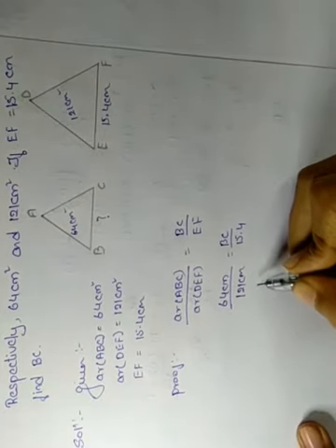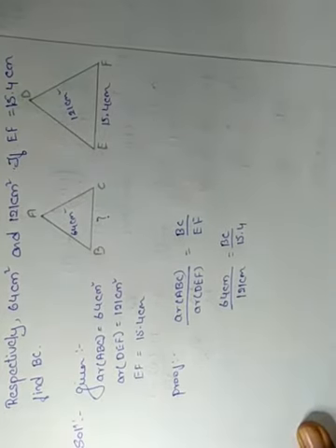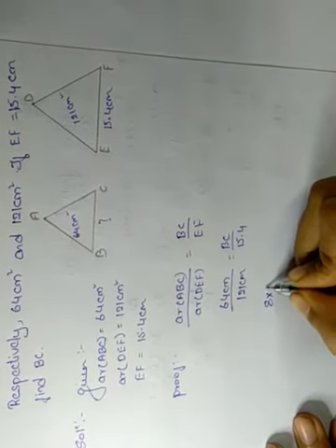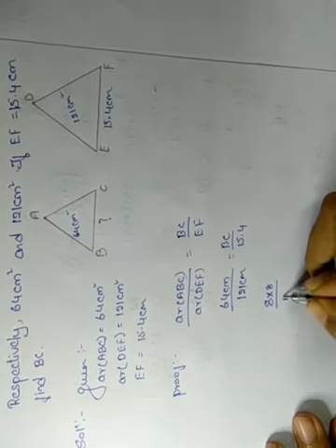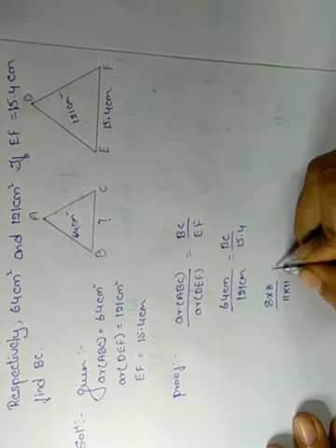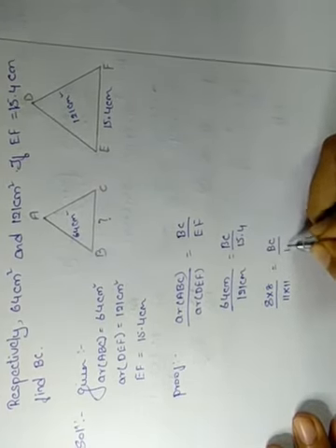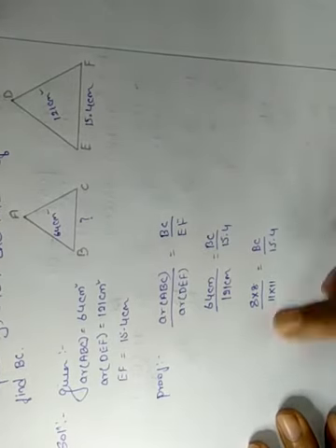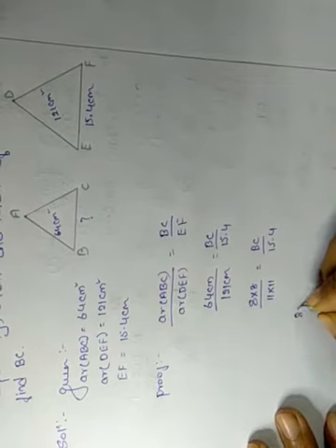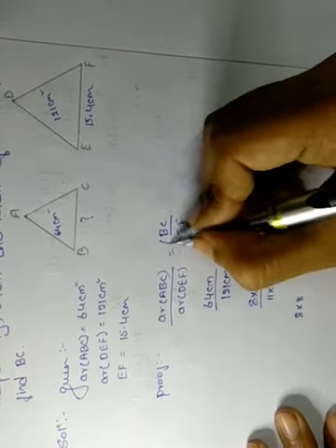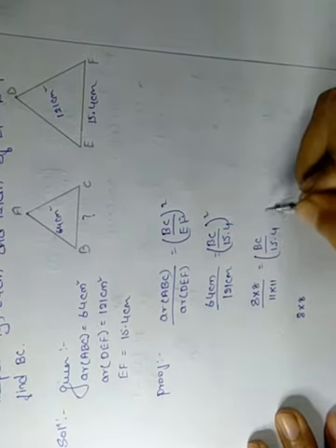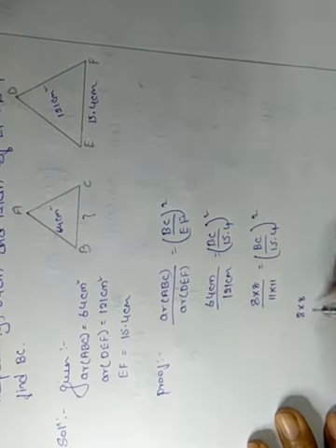And we can split these numbers and write: 8 8s are 64 and 11 into 11 will get 121, that is equal to BC divided by 15.4. Now we'll bring this 15.4 to the left hand side. 8 into 8, sorry, this is whole square, right? Whole square, and this is also whole square, 11 into 11.